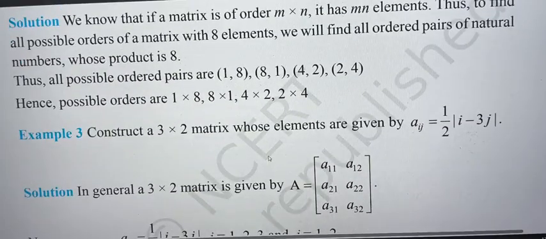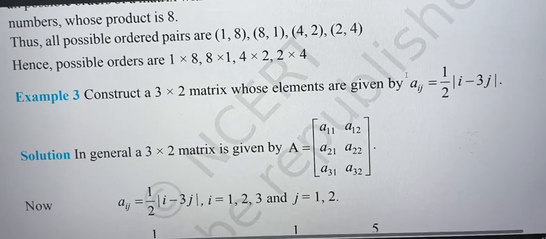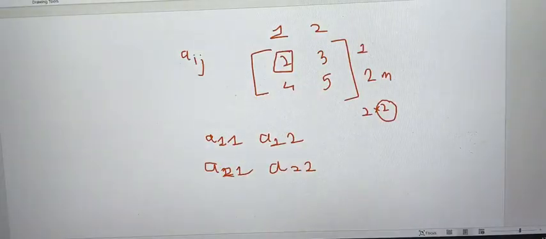Now they are asking us to construct a 3 into 2 matrix whose elements are given by this. This is a general form of representing the element, and they have simply given it in this format. So the first thing to do is write it in this format for our own convenience. A capital letter is equal to, now they have already told us 3 rows, 2 columns. Just follow that.